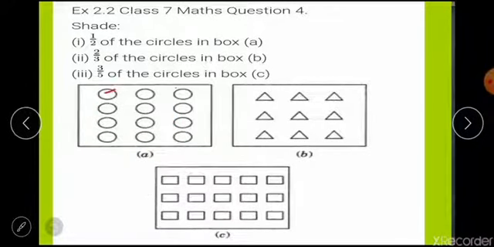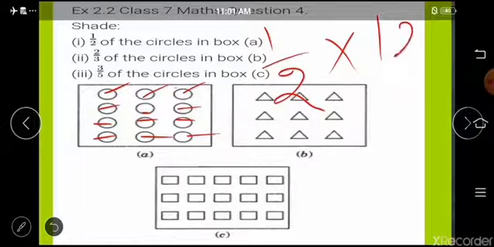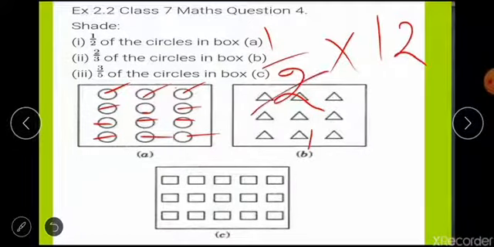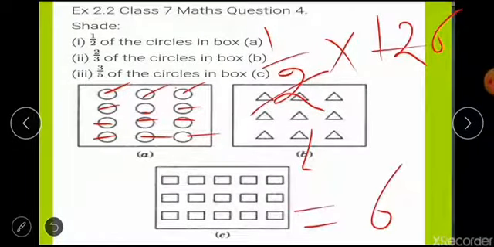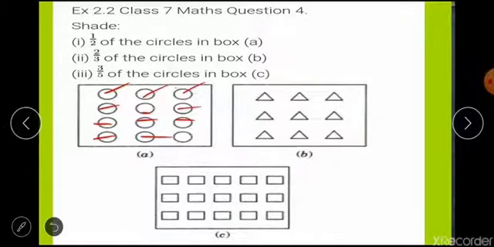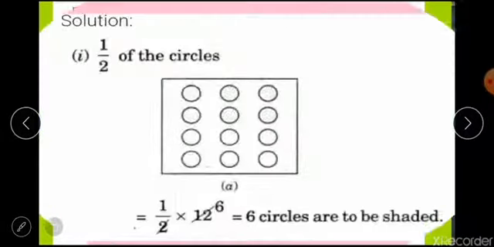There are total circles 1, 2, 3, 4, 5, 6, 7, 8, 9, 10, 11, 12. So you will write down 1 by 2 into 12, and 2 6s are 12. So the answer will be 6, meaning you will shade 6 circles of box A. In the same way, students, you can find the rest of the parts. I hope it is clear to all of you.